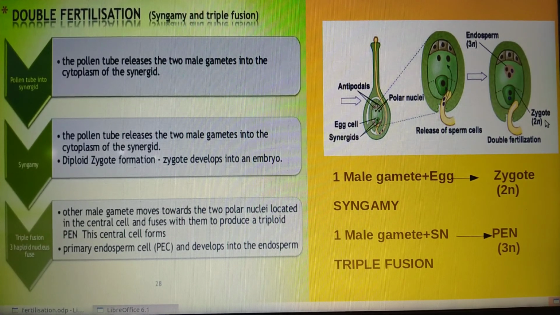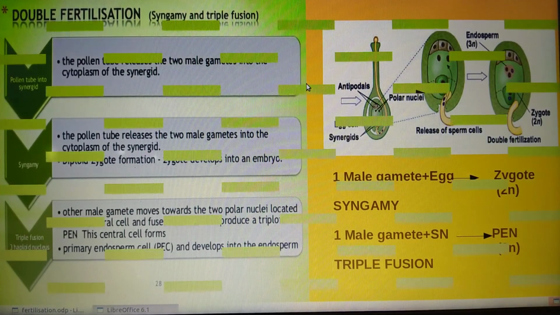After fertilization, the zygote later develops into embryo and the primary endosperm nucleus later develops into endosperm. This is about the double fertilization process that occurs in angiosperms.